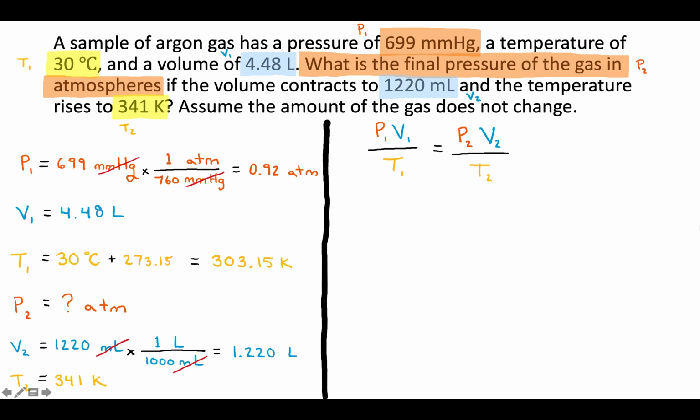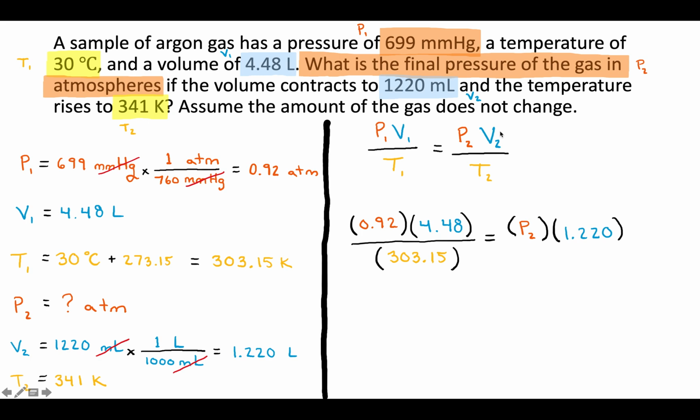All right, so now we can finally plug these numbers in. Instead of P1, I'm going to write 0.92 atmospheres here. Instead of V1, I'm going to write 4.48. Instead of T1, I'm going to write 303.15. On the other side, instead of P2, I'm going to write P2, because that's what we're solving for.